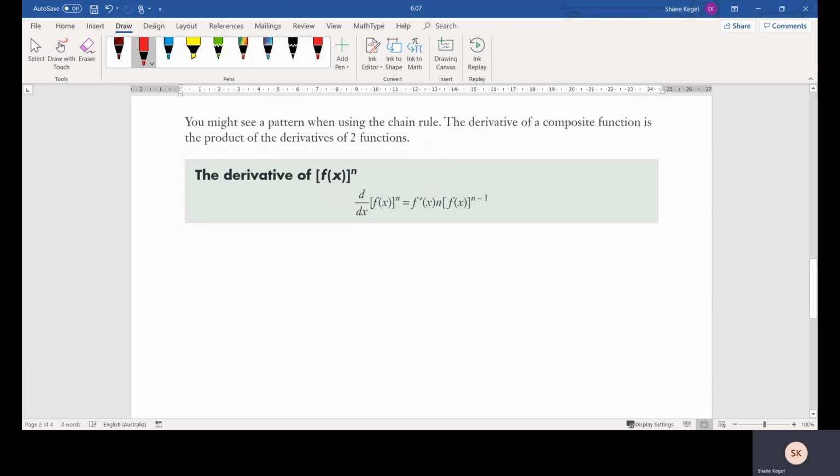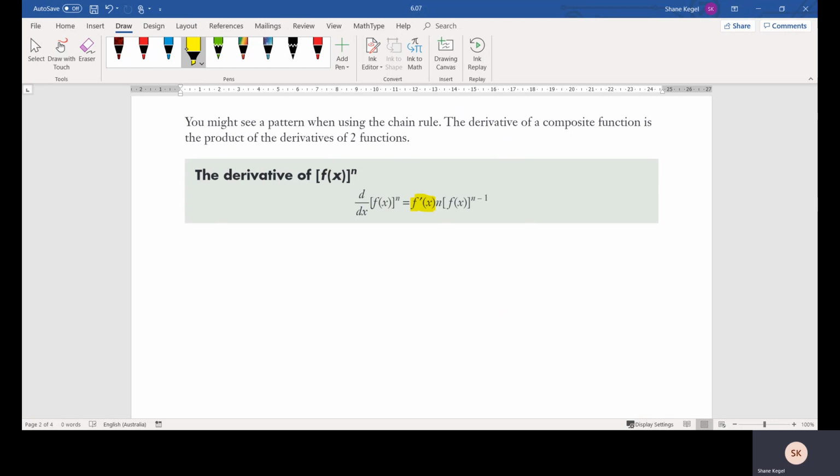So this is probably an easier formula to understand. So you might see a pattern when using the chain rule. The derivative of a composite function is a product of the derivatives of 2 functions. The way to look at this rule looks quite a bit complicated, but essentially if we have a function raised to a power, we find the derivative of what's inside our brackets, and then we just treat it like normal.